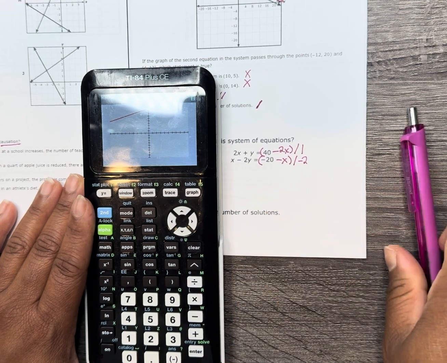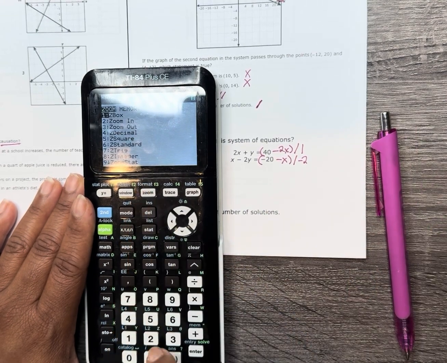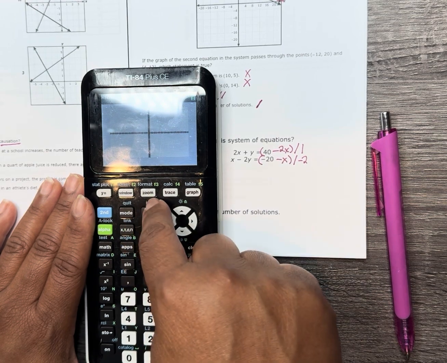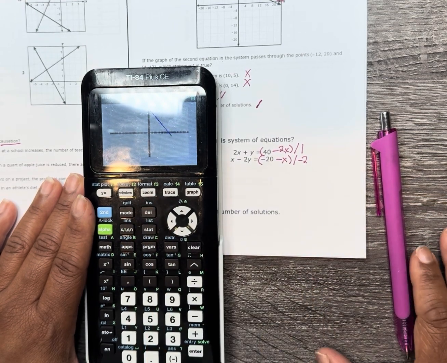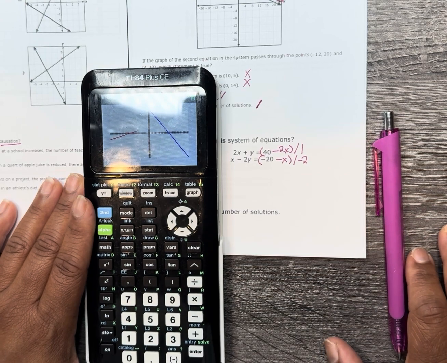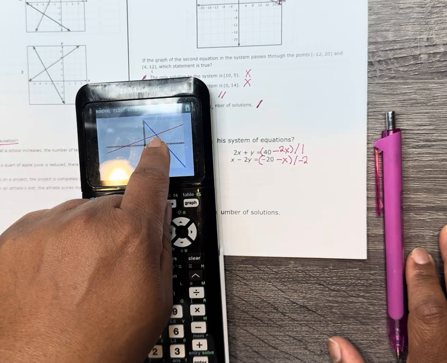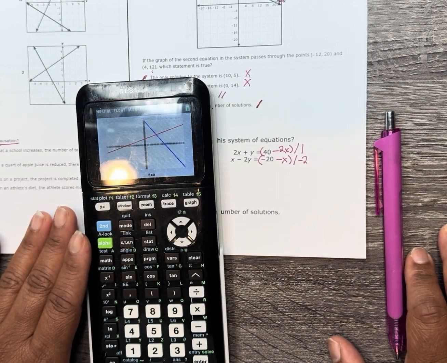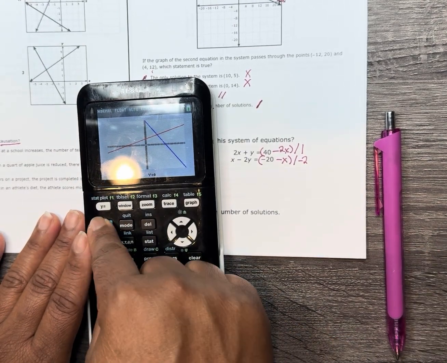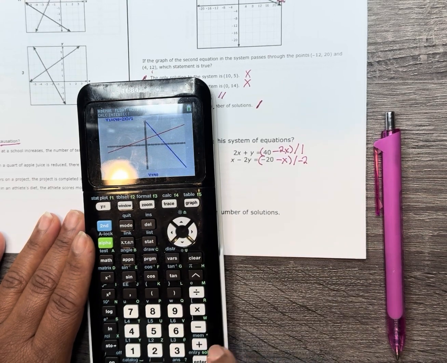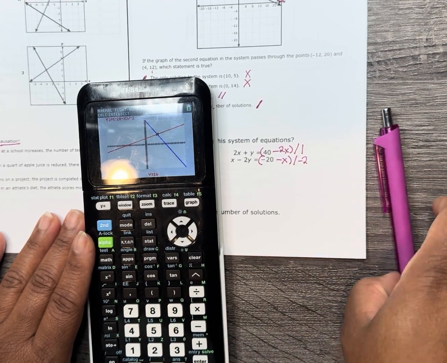All right, I don't see much, so I'm going to zoom out to make sure there's nothing else going on. And what I did was I just pressed zoom and then clicked on out. All right, I'm glad I did because there is something going on. It just wasn't in the proper window. So now we can press second, trace, 5, enter, enter, enter, right?